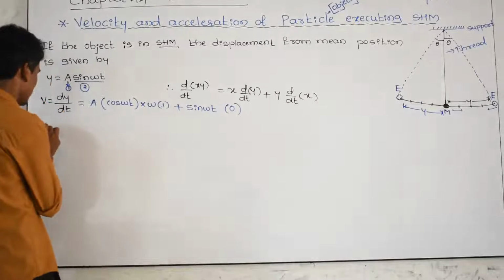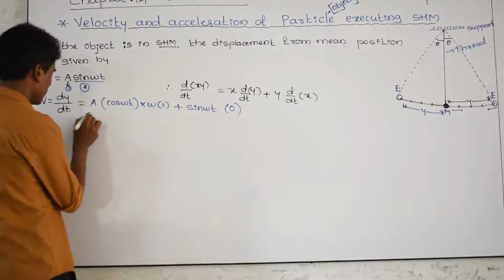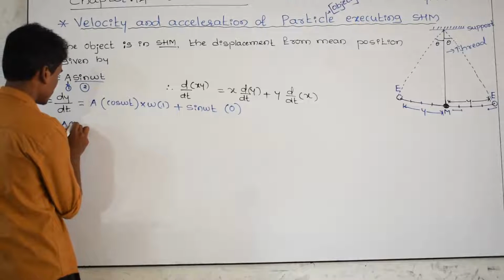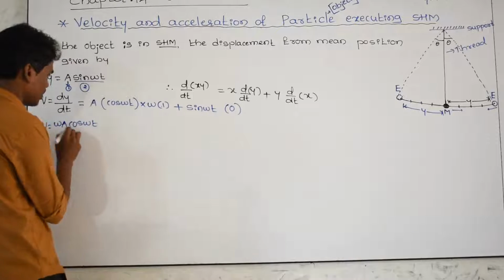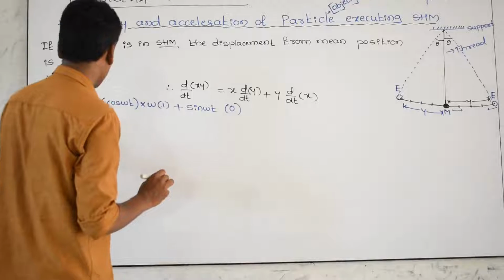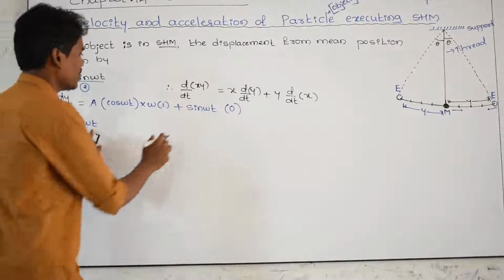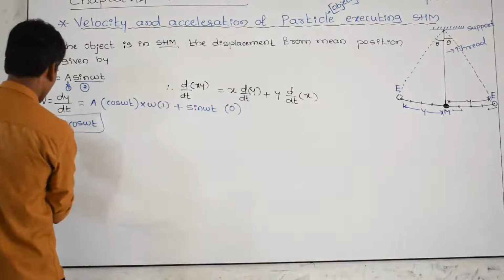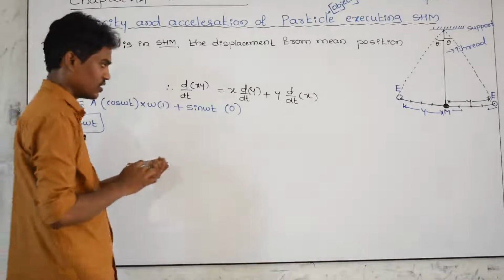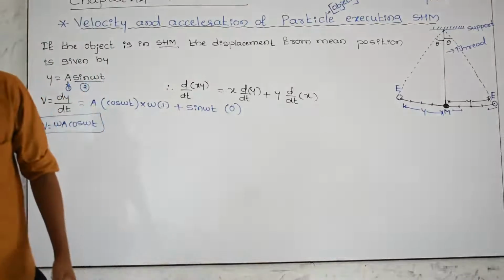Therefore velocity is equal to a into cos omega t into omega, that is omega a cos omega t, and sin omega t into 0 is 0. Leave that one. This is the velocity of the object.